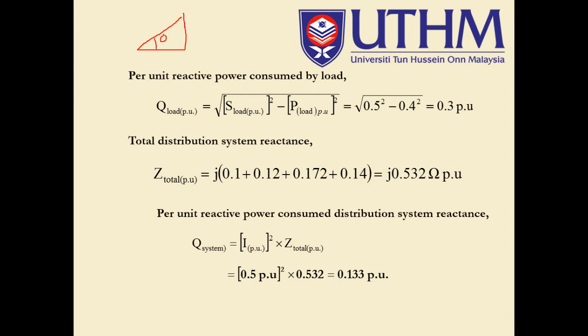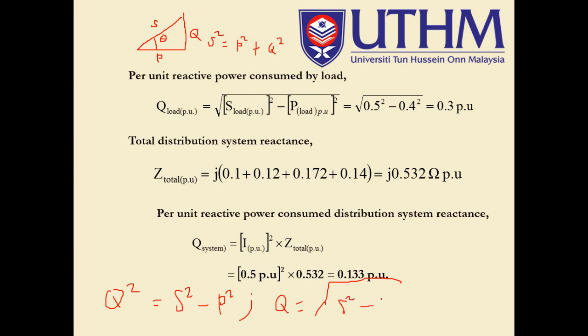So this is theta, we have S, P and Q. The relationship between these three: S squared equals P squared plus Q squared. Rearranging, Q squared equals S squared minus P squared. So Q equals the square root of S squared minus P squared.